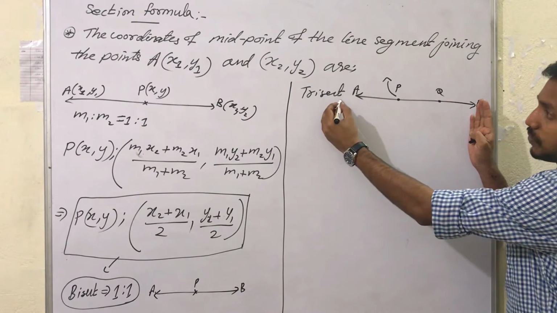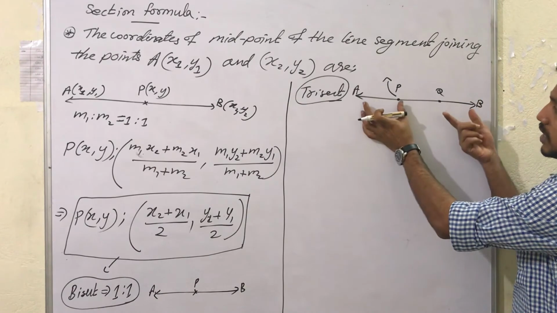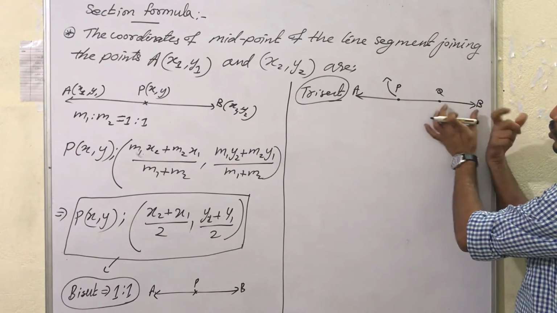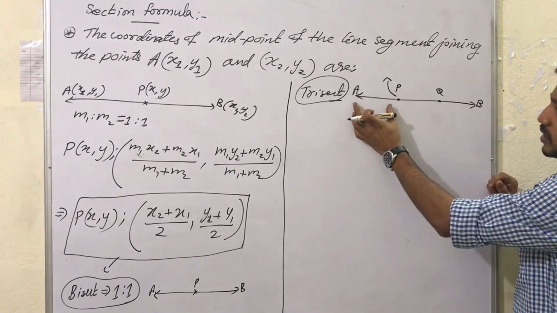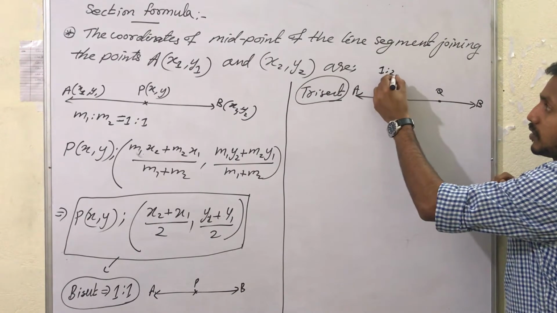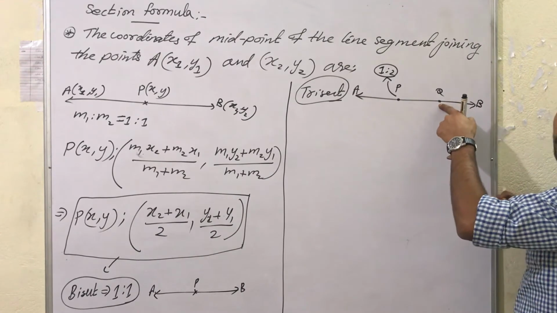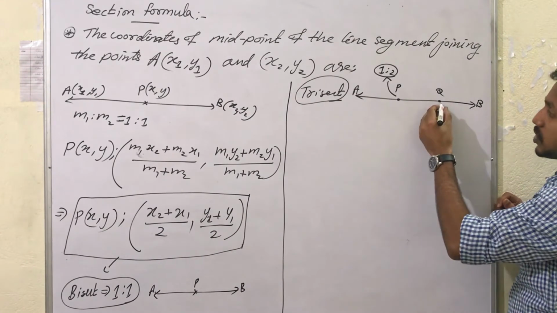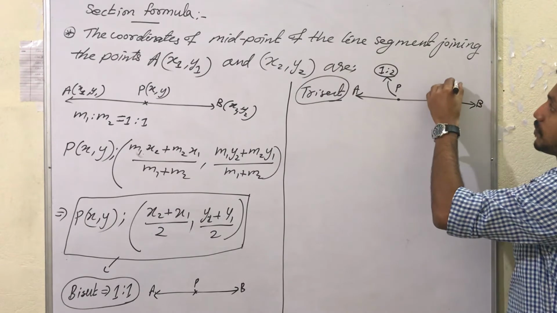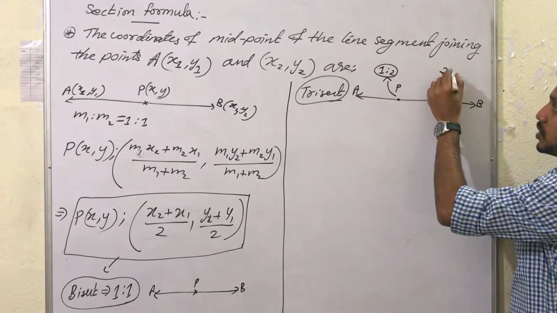That is the meaning of trisecting. Clear? So in this case, 1 is to 2. Okay, 1 portion here and 2 portions here, so the ratio will be 1 is to 2 to find the coordinates of this point. For finding the coordinates of the point Q, what will be the ratio? The ratio will become 2 portions here on the left side, so the ratio 2 is to 1.